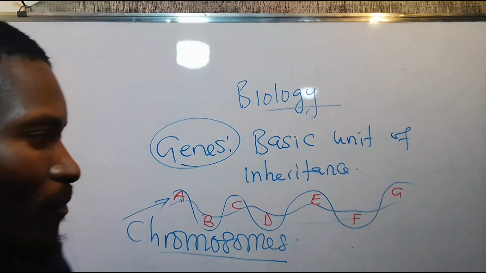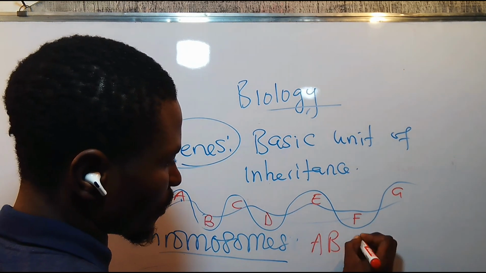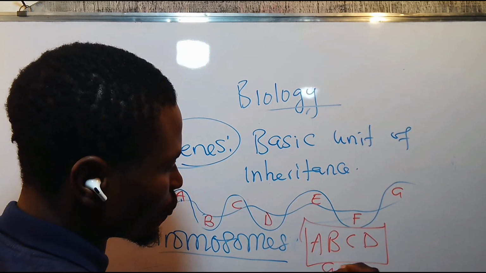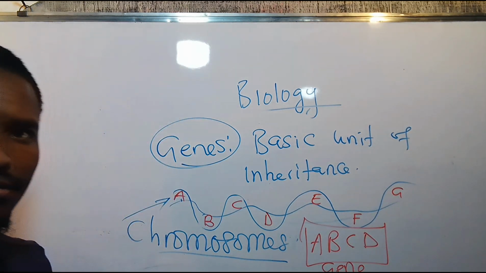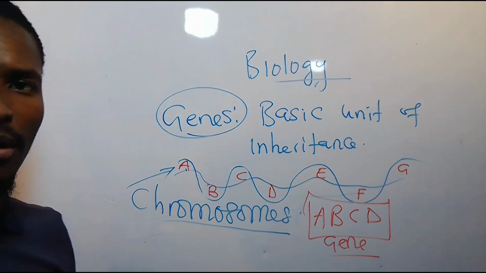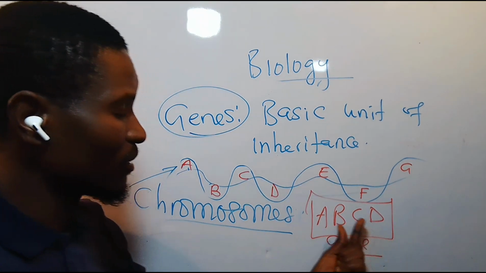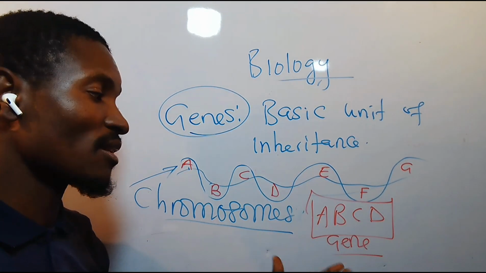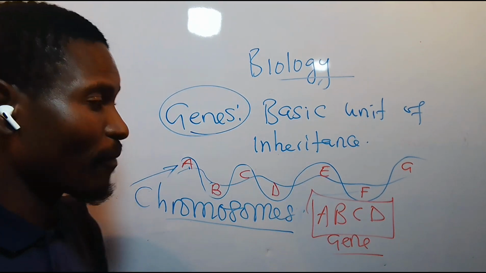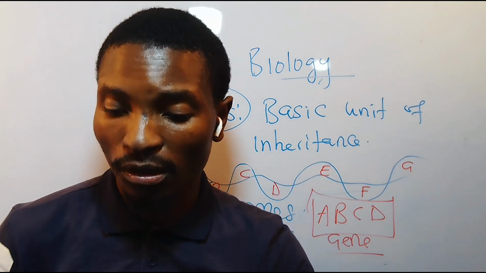For example, let's say we have ABCD. This can be a gene, meaning a gene you inherited, that performs a certain function on your body.